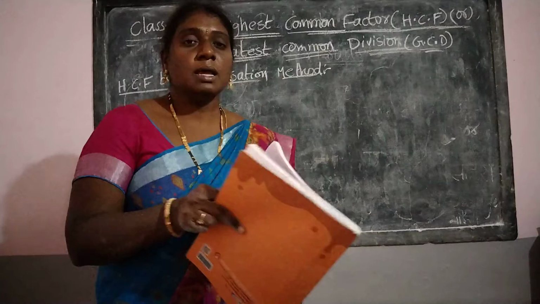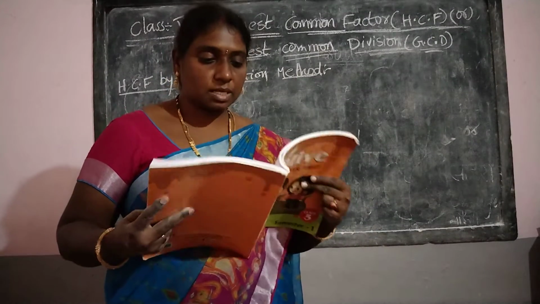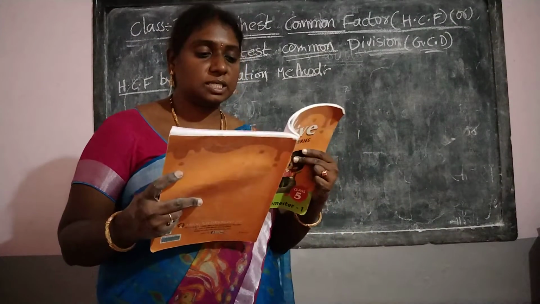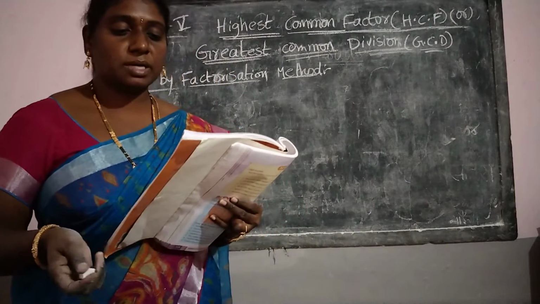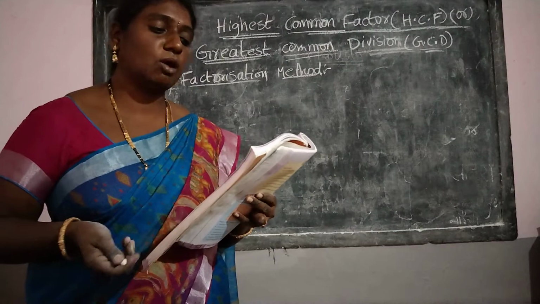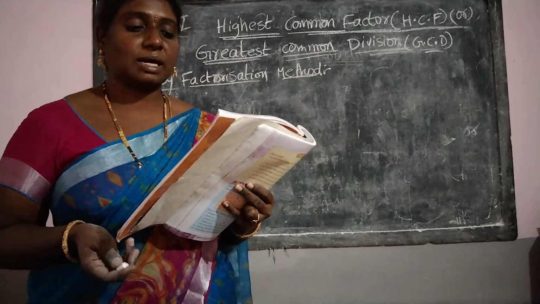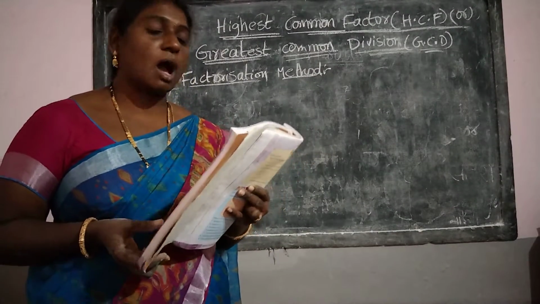See here, some information is there. HCF or GCD of two or more numbers is the greatest number that divides each of the numbers without leaving any remainder. It is the greatest common factor among all the common factors.